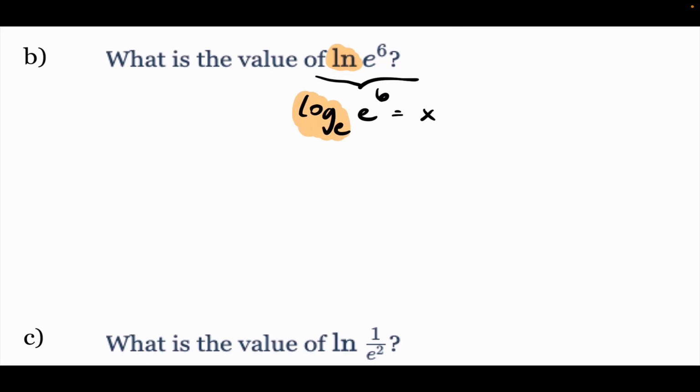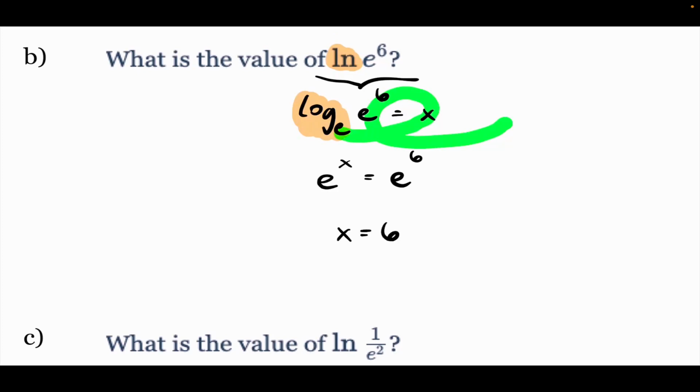Get rid of the log. How do I do that? Loop trick. E to the x power equals the answer part, which is e to the 6th power. What is the missing power? 6. The missing power has to be 6 for them to be equal.